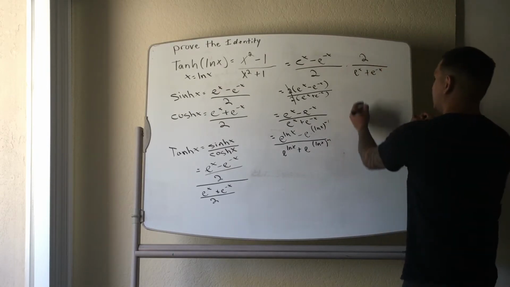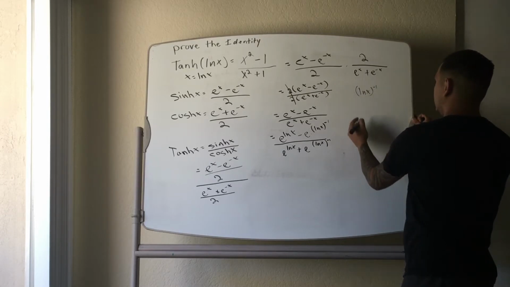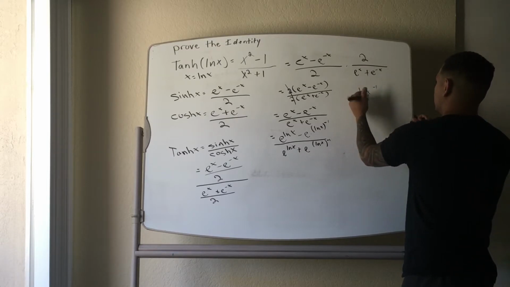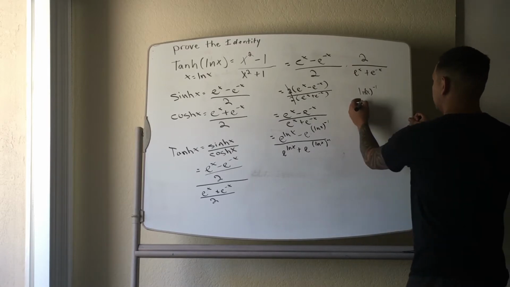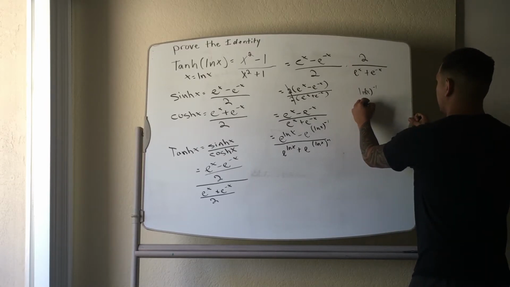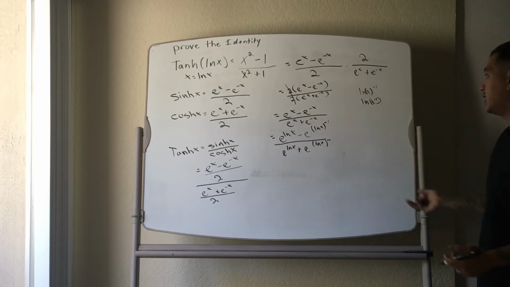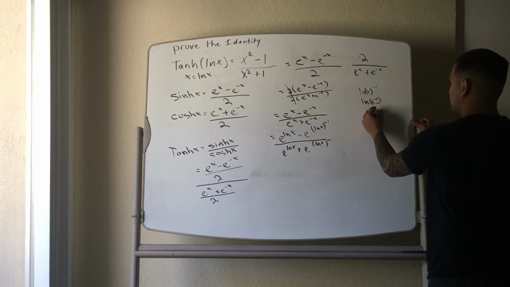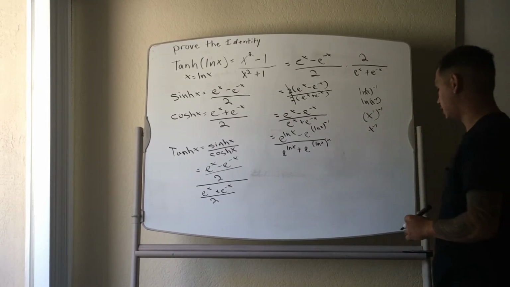So we could even say that e to the ln x, to the minus 1, is e to the ln x minus 1, right? We just bring it back into the brackets. Exponent to exponent, you multiply. It becomes x to the negative 1, right?